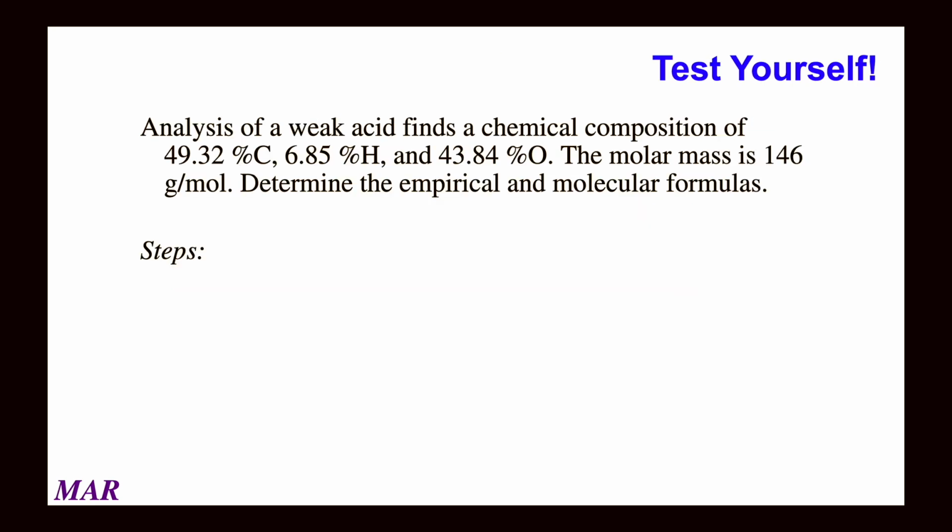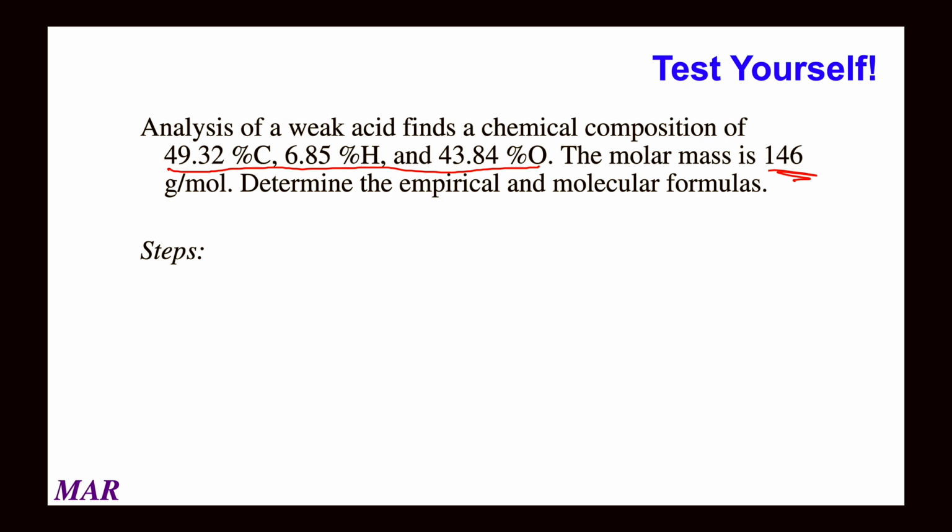Here's an example of a problem you might see. And this is the whole shebang for this chapter. We're given the percentages by mass in the compound, and we're given a molar mass for the compound. And what we want to do here is find both the empirical and the molecular formula for this compound.